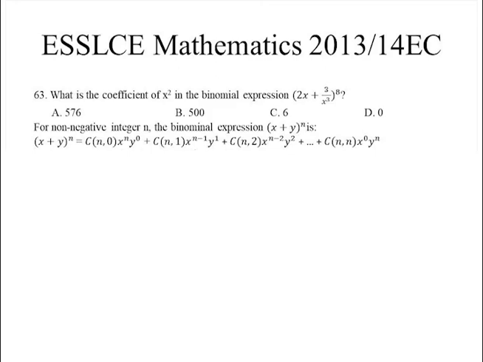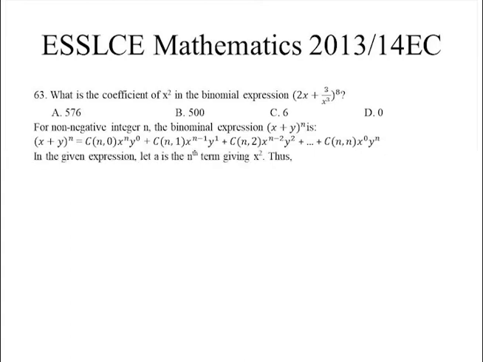For a non-negative integer n, the binomial expression x plus y the power of n is equal to combination of n, 0 times x the power of n, y the power of 0, plus combination n, 1, x the power of n minus 1, y the power of 1, plus combination n, 2, x the power of n minus 2, y the power of 2, plus and so on, plus combination n, n, x the power of 0, y the power of n.